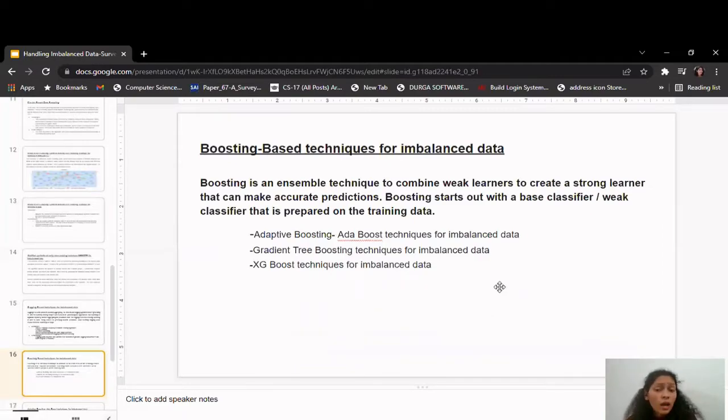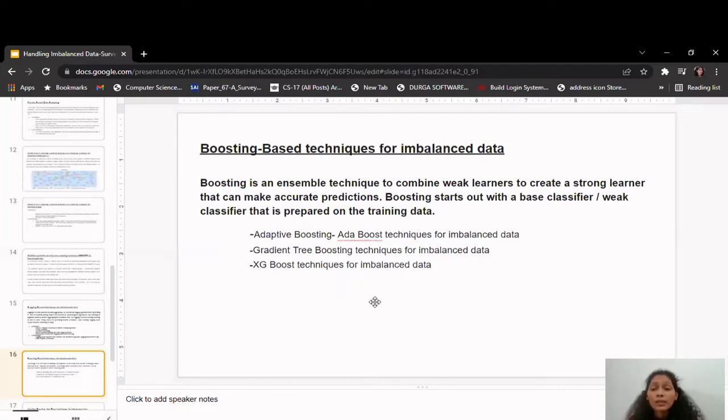So what are actually base or weak classifiers? The base classifiers are the weak learners. That is, the prediction accuracy is only slightly better than average. A classifier learning algorithm is said to be weak when small changes in data induce big change in the classification model.